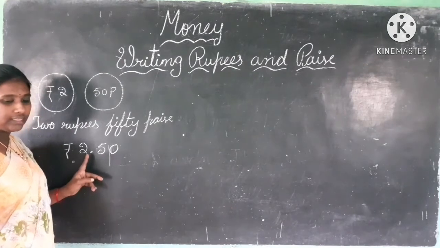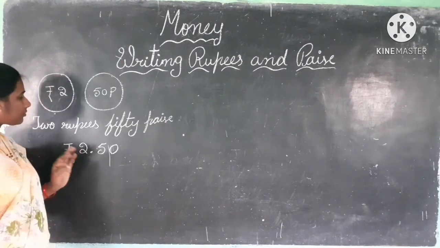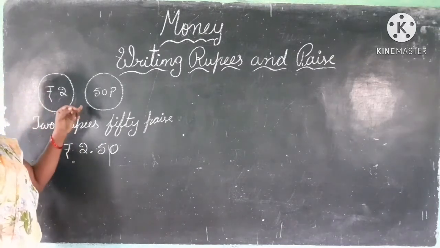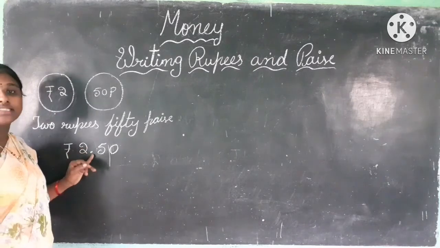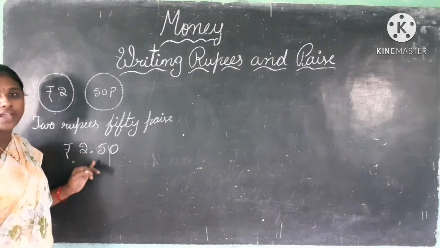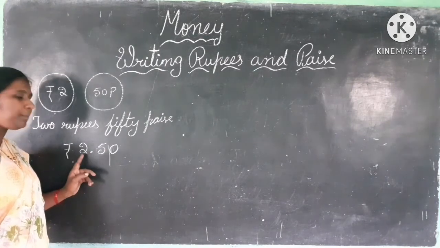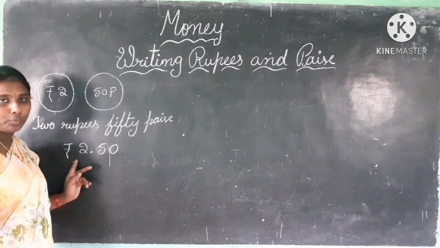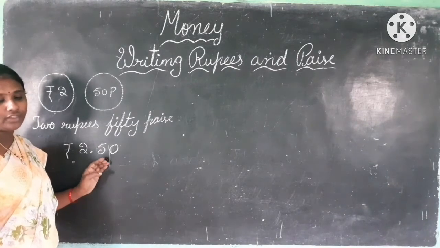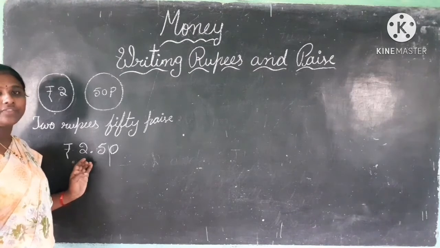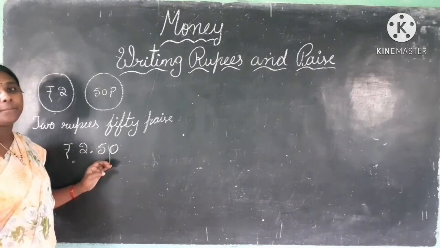In figures, the dot separates the rupees and pies. Left of the dot shows rupees and right of the dot shows pies.